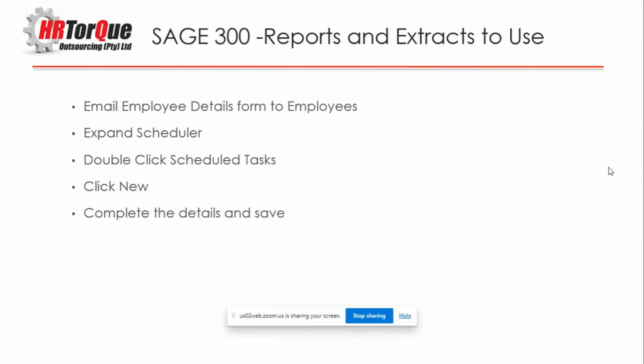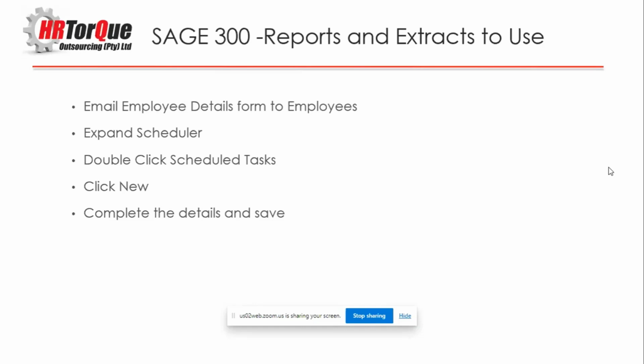So as I was saying earlier, Sage 300 has a lovely function called the scheduler. On the scheduler, you can actually email many different reports to employees. About 80% of the reports that are available on the system, you can select to schedule to each and every individual employee.